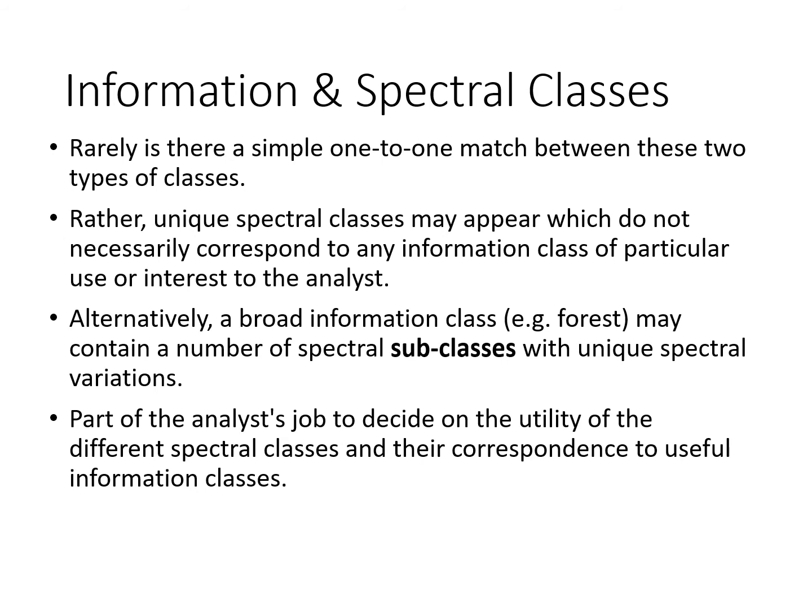So you may have unique spectral classes that don't actually correspond to any information class of particular use or interest to the analyst. So for instance, I've been working in Puerto Rico a lot. They have karst topography.